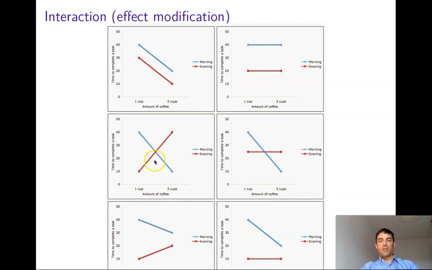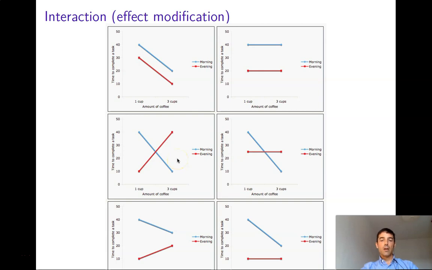This third one's kind of an interesting example because in this example, the amount of coffee, its effect is dependent on the time of day. And there is an interaction here because we see these lines not being parallel. So in this case, if we were just to look at the amount of coffee without considering time of day, we would actually see no main effect of the amount of coffee.